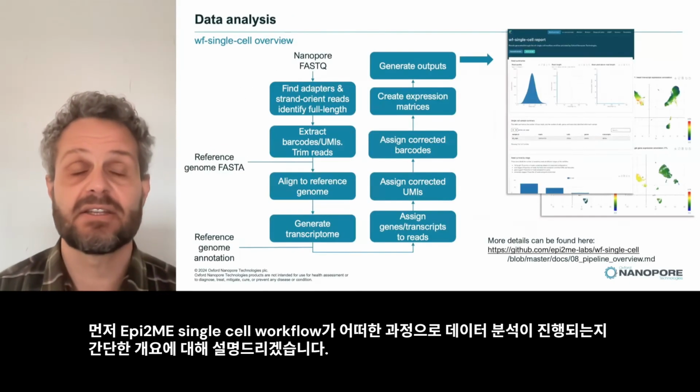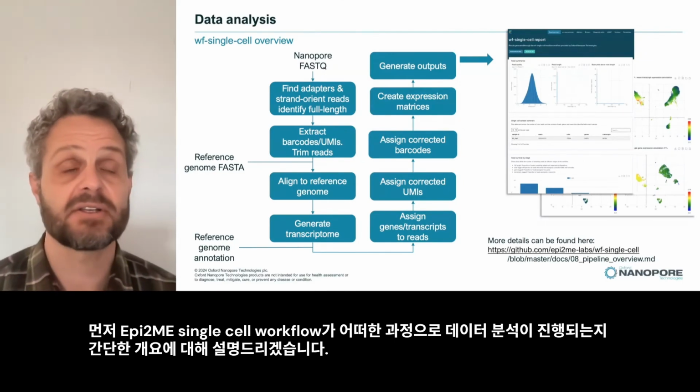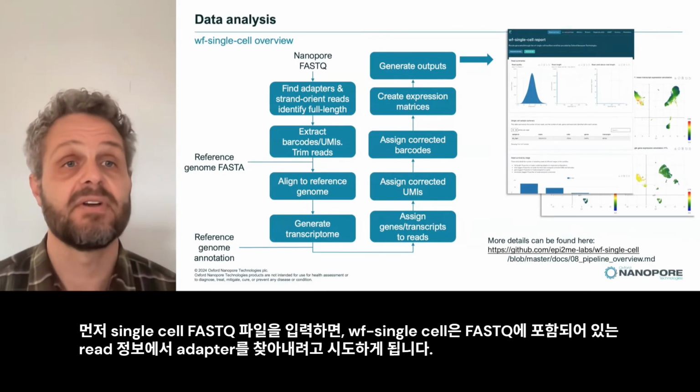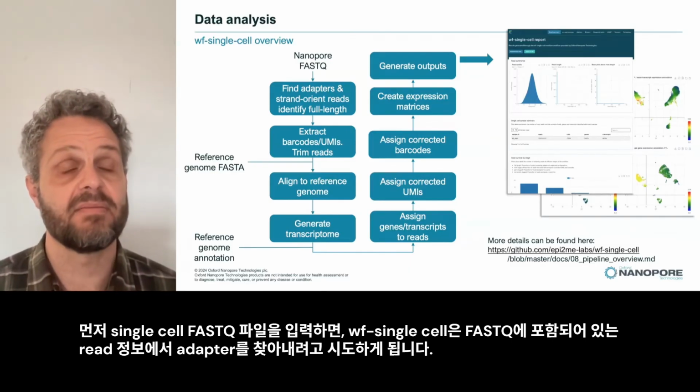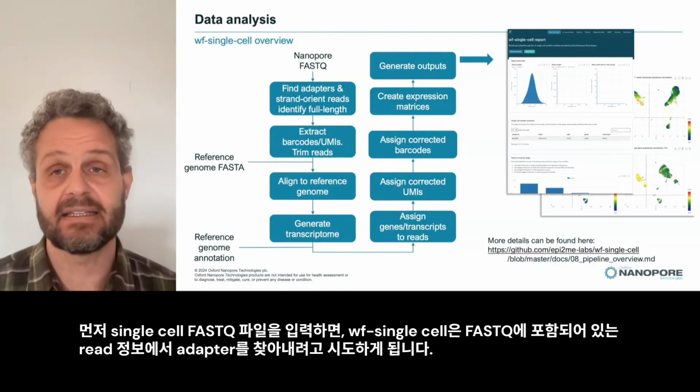So first of all, I'd like to just give a brief overview of how WF single cell works. First off, you input some single cell FASTQ, and the workflow attempts to find adapters within the reads.